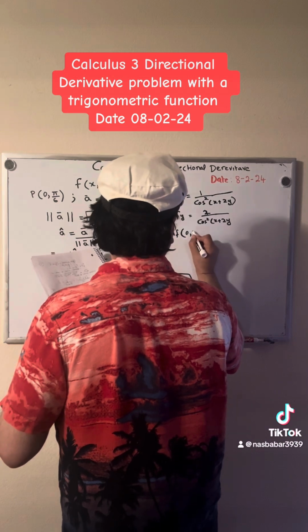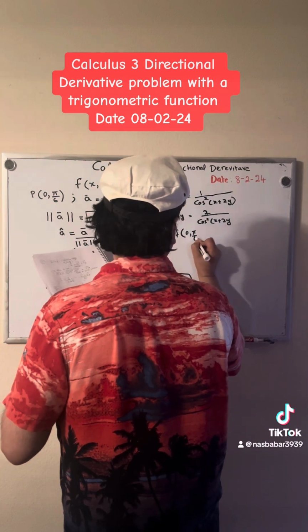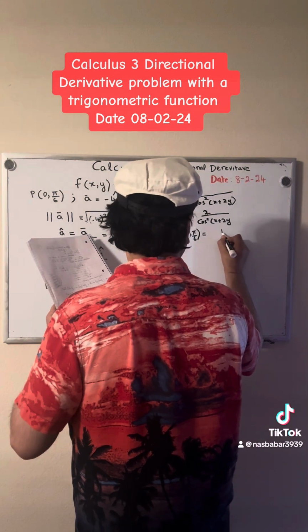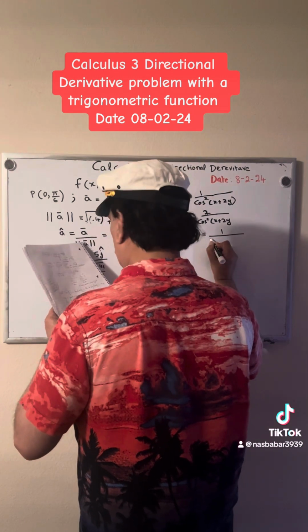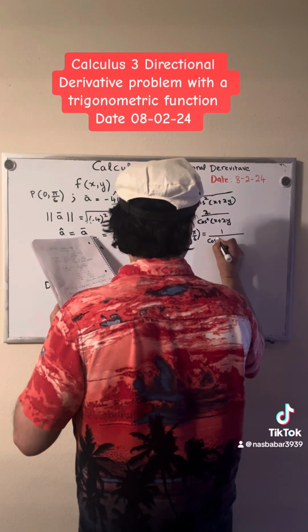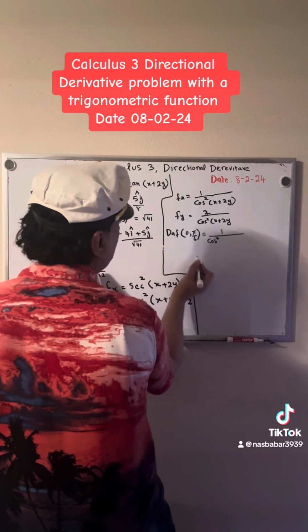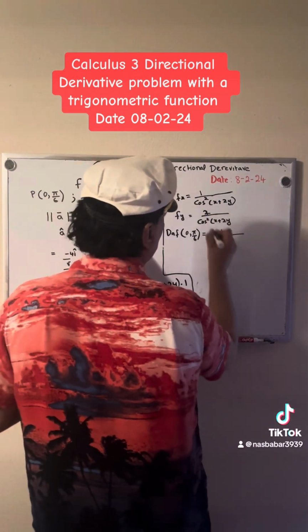Now we have to find the derivative of this at the point (0, pi over 6). Pay attention, stick with me. I'm plugging these values 0 and pi over 6 into x and y.